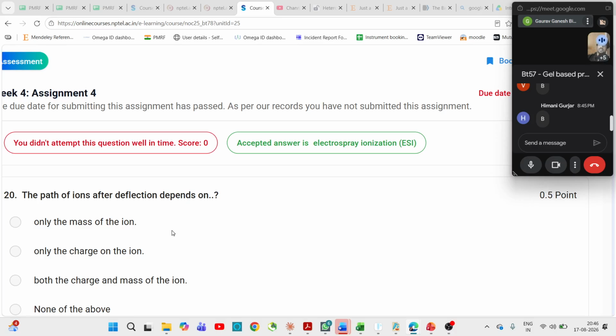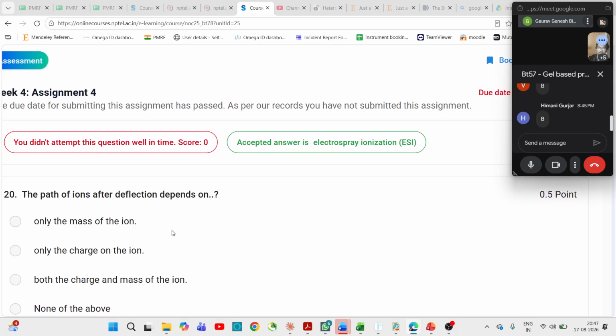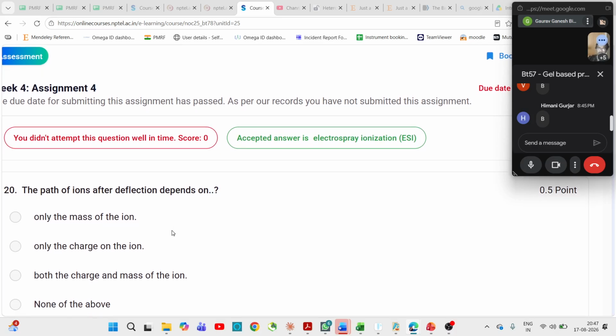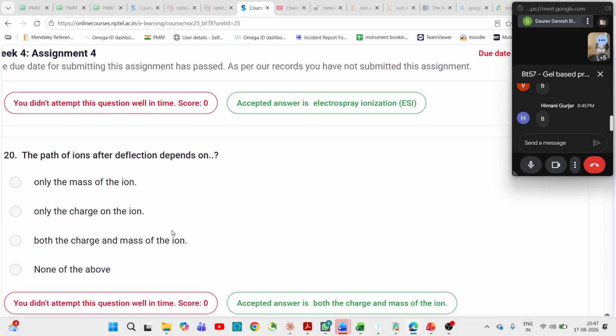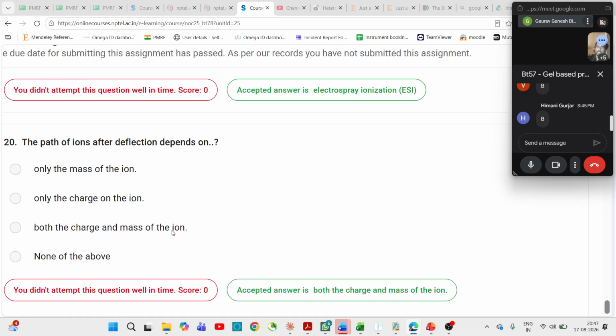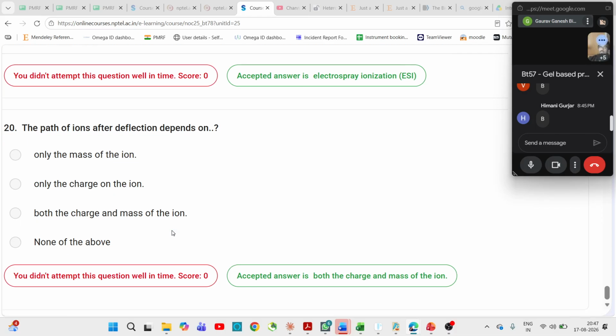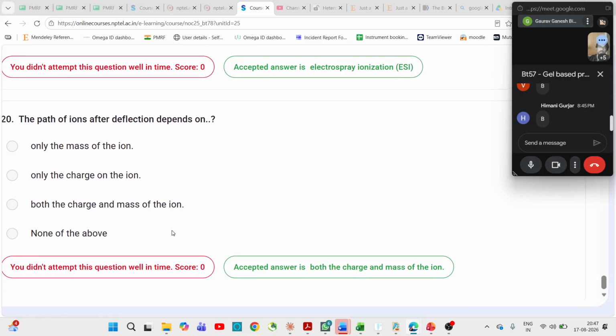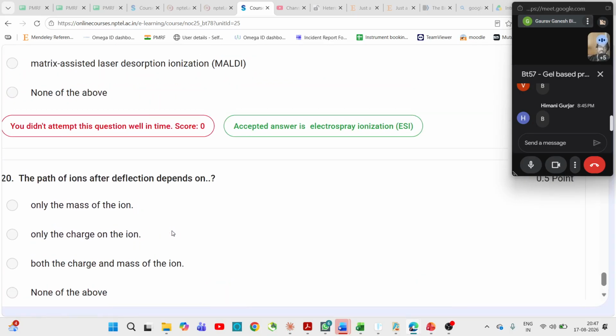What is the path of ions after deflection? It depends on both charge and mass, because mass spec runs on the mass to charge ratio, and until it reaches the detector it runs on the same principle. So these were a few questions of week 4 lectures.